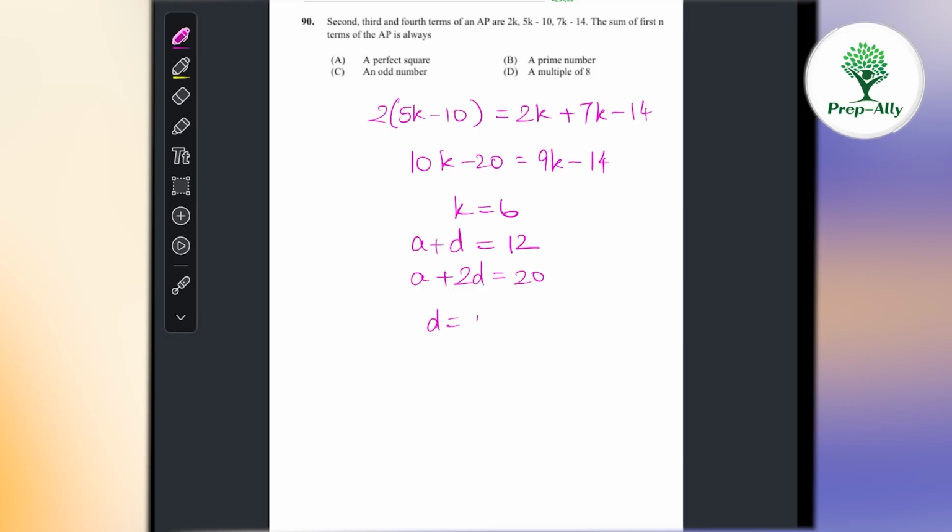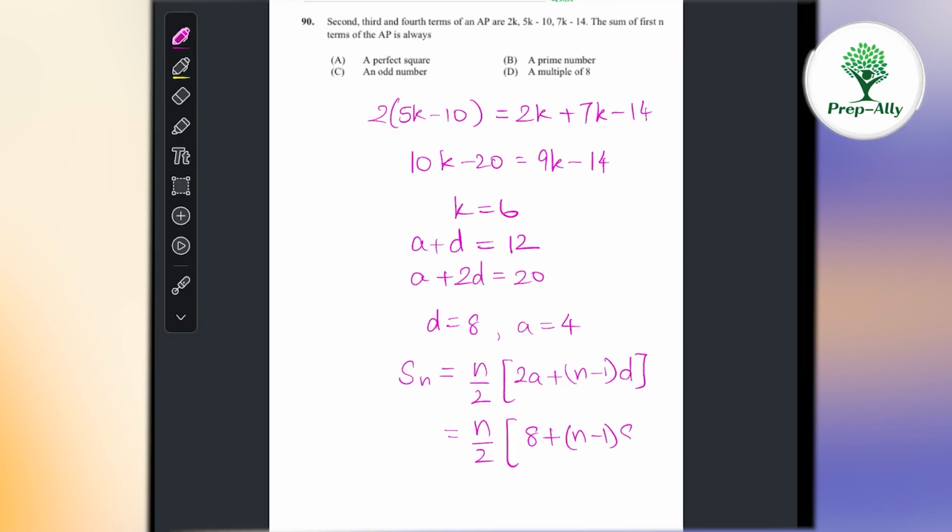So d equals 8 and a equals 4, which means that the sum of n terms Sn equals n by 2 into 2a plus n minus 1 times d, which is n by 2 times 8 plus n minus 1 times 8, which is n by 2 into 8n, which equals 4n squared, which is not always a multiple of 8 but always a perfect square. So it's option A.